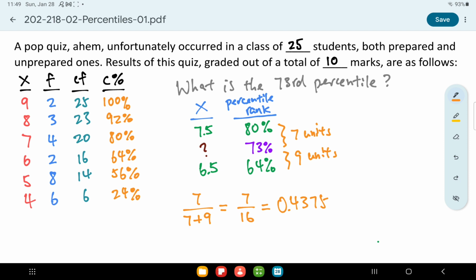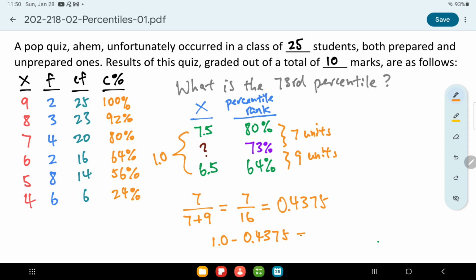And the procedure goes, we will then look at 0.4375 in relation to the units of separation between 7.5 and 6.5. Now, between 7.5 and 6.5 essentially is 1, or we can put 1.0. And now the procedure is to subtract from 1.0 0.4375.